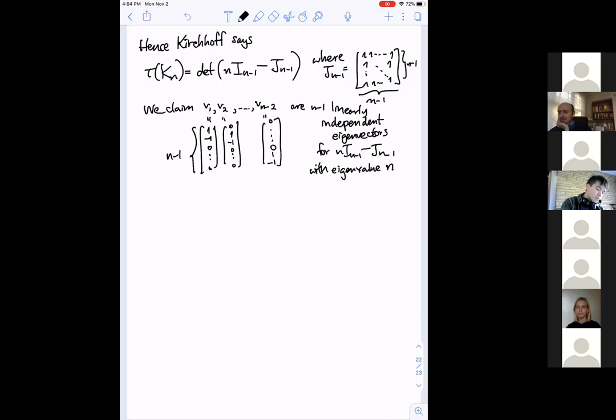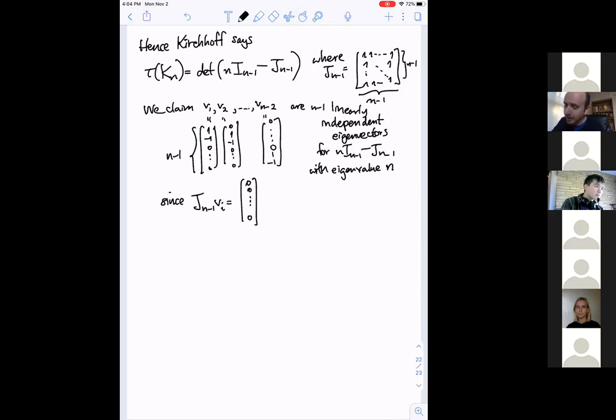Why is that? Since these vectors' coordinates sum to 0, when you multiply them by J_{n-1}, it just annihilates them. Sorry, I should say they all just get sent to the 0 vector.